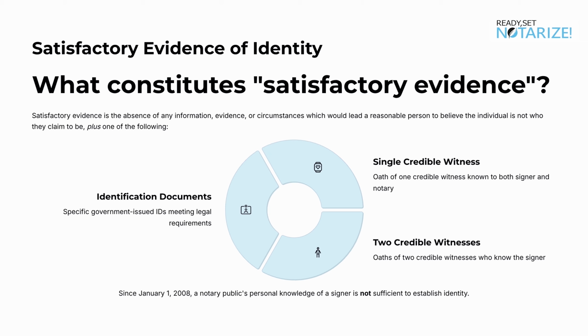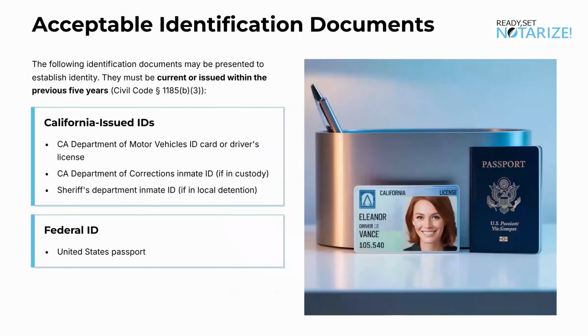California Civil Code, Section 1185(b). Since January 1st, 2008, a notary public's personal knowledge of a signer is not sufficient to establish the identity of the signer. 2. Identification documents.